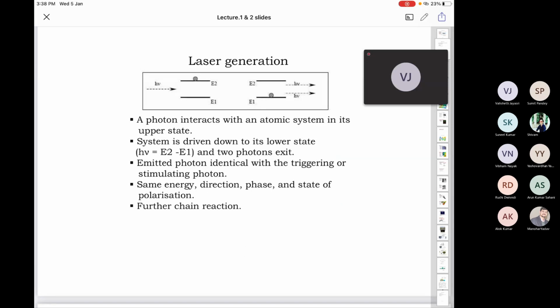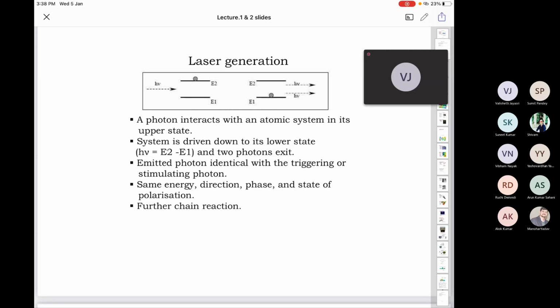For the laser generation principle, you need to excite a laser source at its atomic level, and then a photon that is at a higher state goes down to the lower state, and the energy difference that is created is responsible for generation of a second photon. So by one photon, you are exciting the internal atomic structure, and two similar photons are generated.